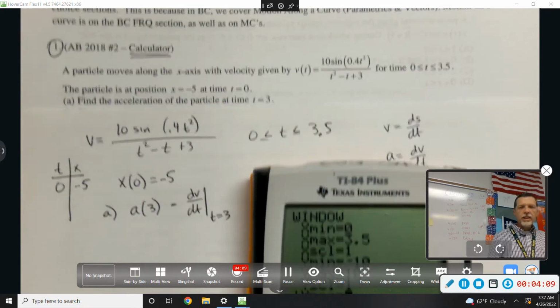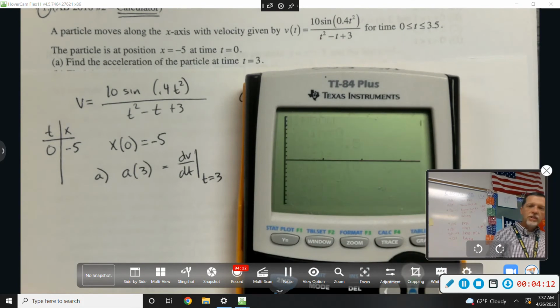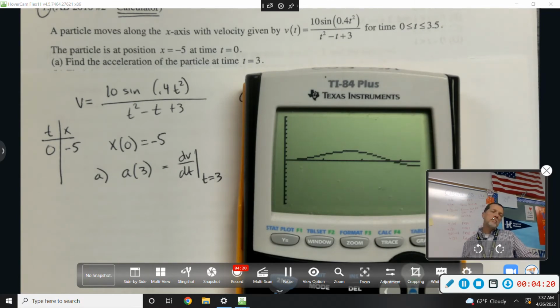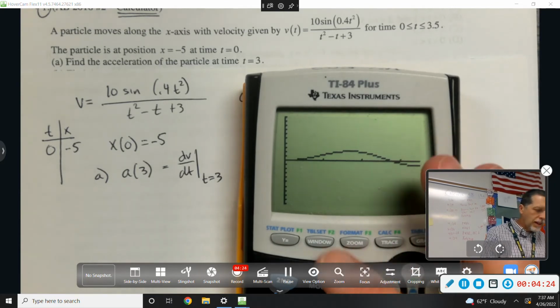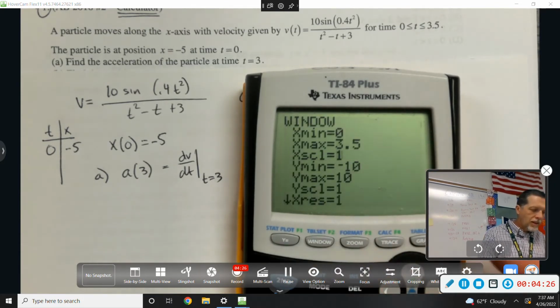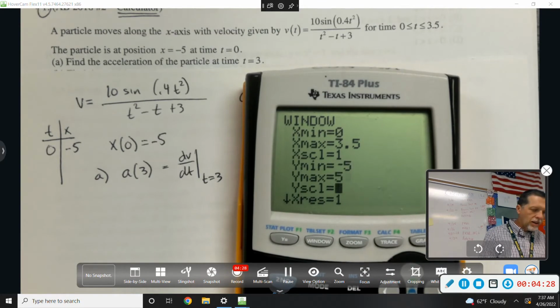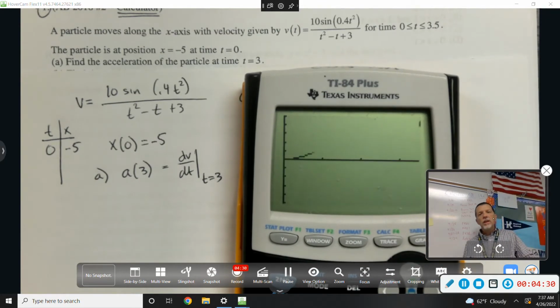So I'll go -10 to 10, and if that doesn't work, I'll change it. Okay. I can see everything, so that's fine. But I think I'd like to see a little more, so I'm going to make it -5 to 5, just to give me a little better picture there for the y value.